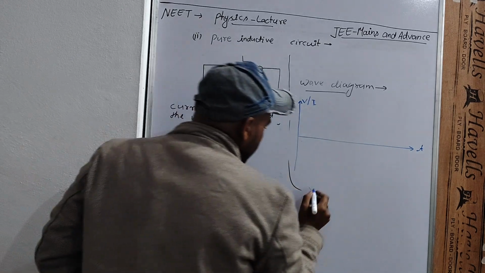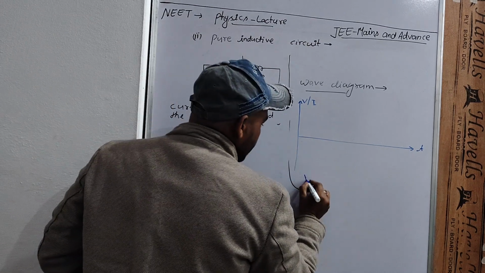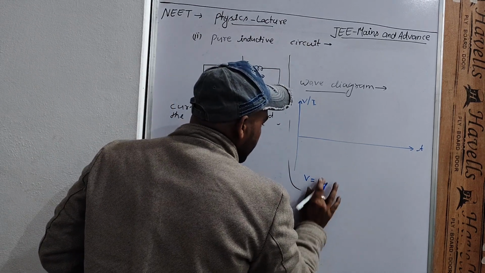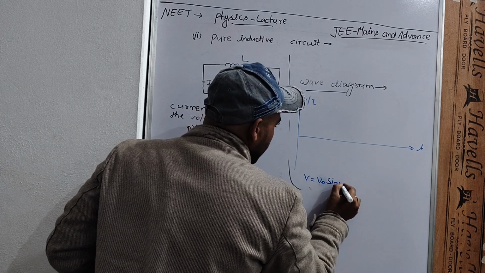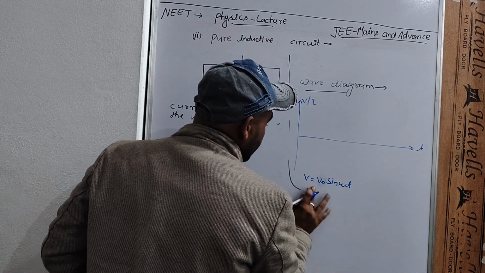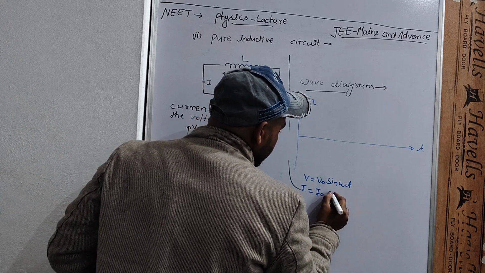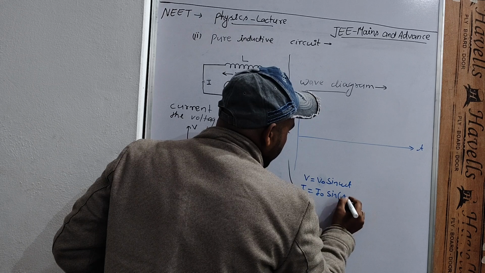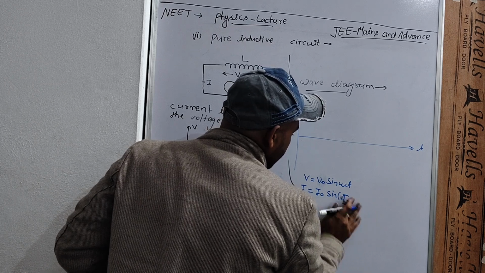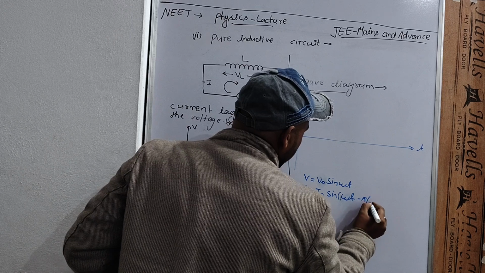As we know, the instantaneous voltage equation is V is equal to V naught sine omega t, and the instantaneous value of current is I is equal to I naught sine omega t minus pi by 2.